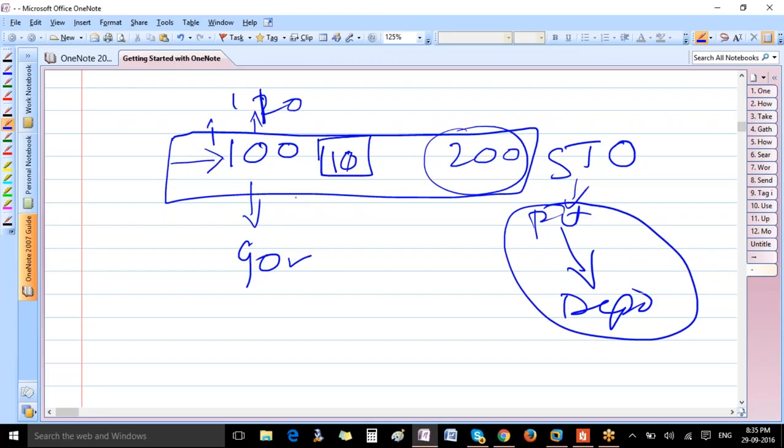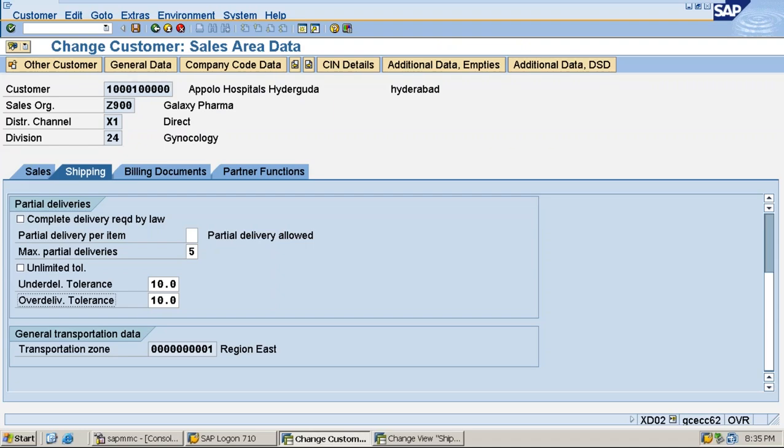On the downside, if under delivery tolerance I maintain 10, the system will accept only 90. If I try to do anything less than 90 or more than the allowed limit, the system will not accept. Why? Because the agreed term with the customer is this deviation. So this is under delivery tolerance and over delivery tolerance.